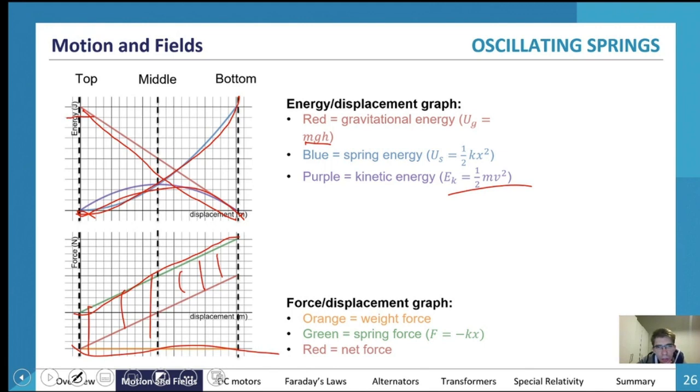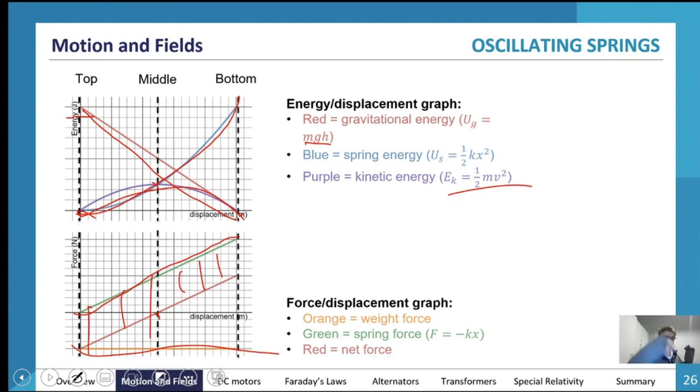What is interesting is that the net force will equal 0 when kinetic energy is a maximum. Therefore, in fact, kinetic energy is the maximum because the net force is equal to 0, because then that's when acceleration equals 0 before it changes sign, right?